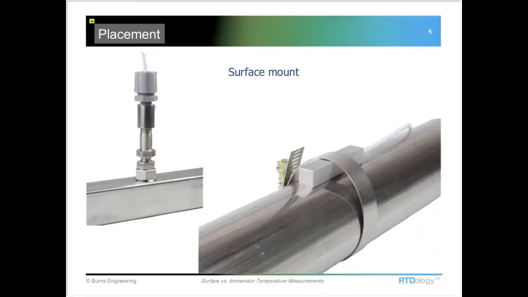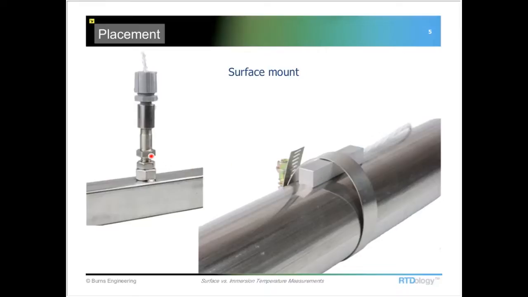We're just going to look at a few standard types of surface mount RTDs and thermocouples. These can actually be built usually with either measurement technology. This one is just an aluminum block. The sensing element is buried inside of it, and you strap it to a pipe with a hose clamp.